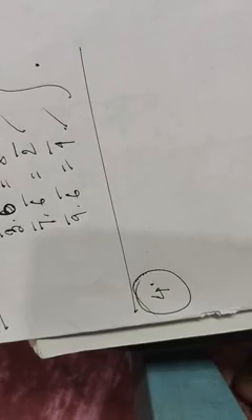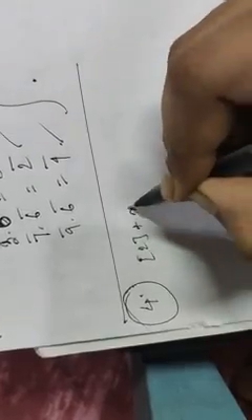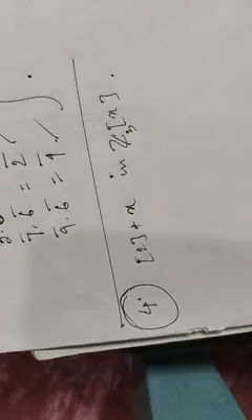Next, example number 4. Find all associates of class 2 plus x in Z3[x]. Now at first, what is Z3[x]? Z3[x] means polynomial ring.